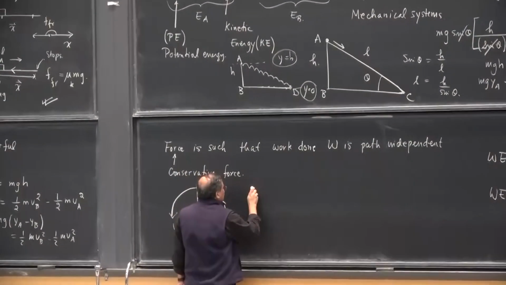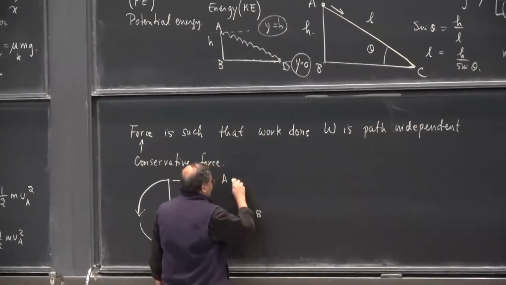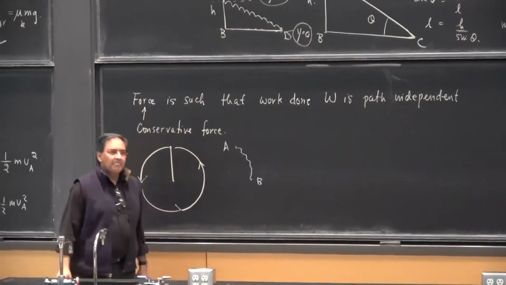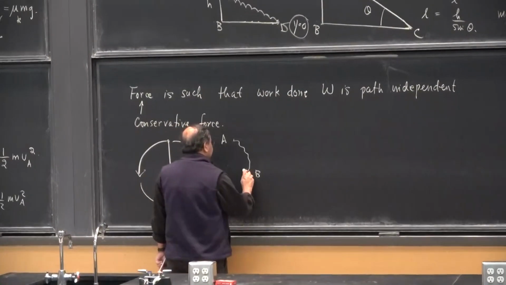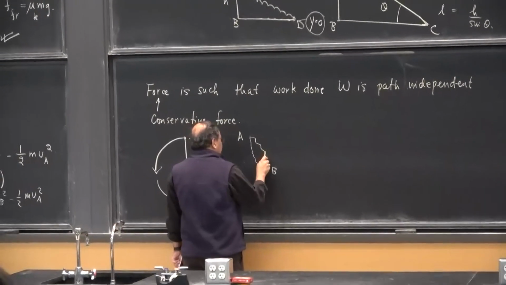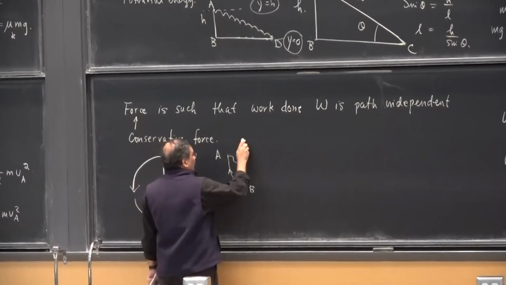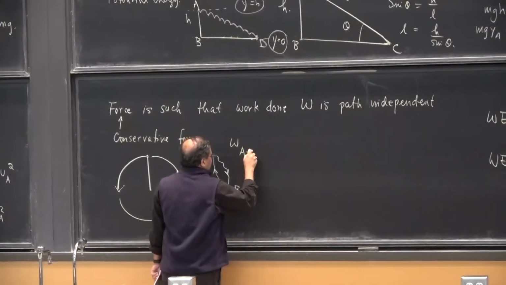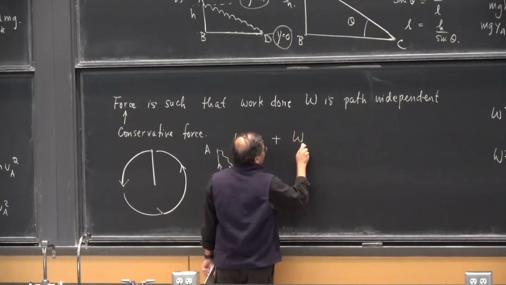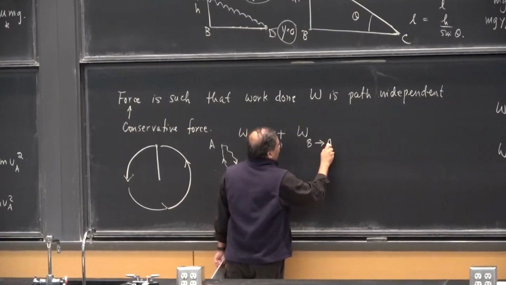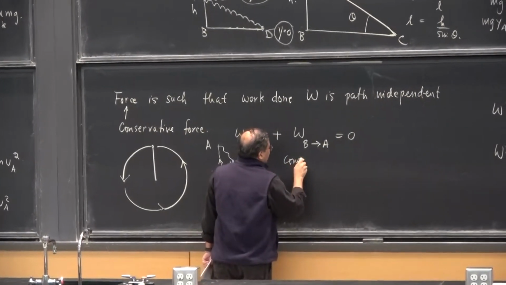So here, for example, I can go from point A to point B, and I have work done. But then I come back from point B to point A with conservative forces involved. Although I have work done in going from A to B, the work done in going from A to B and then from B to A is going to add up to 0 as long as there are conservative forces involved.